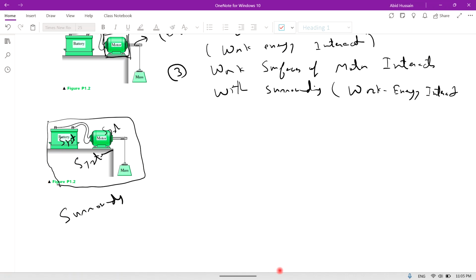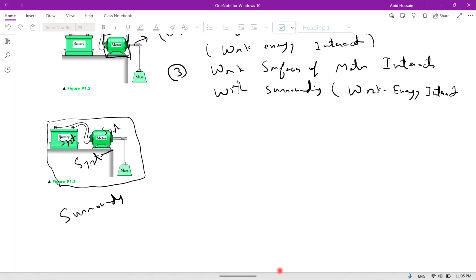So we cannot say that torque transmitted is a work energy interaction between system and surroundings, because there is no surroundings between motor and mass. Similarly, there is no work energy interaction between battery and motor, because both are system, not surroundings.